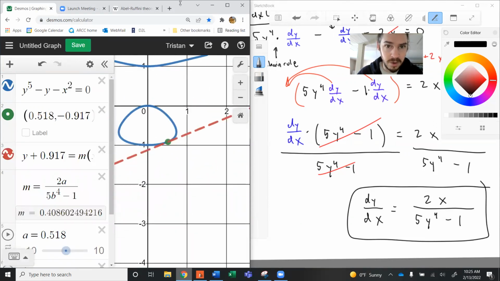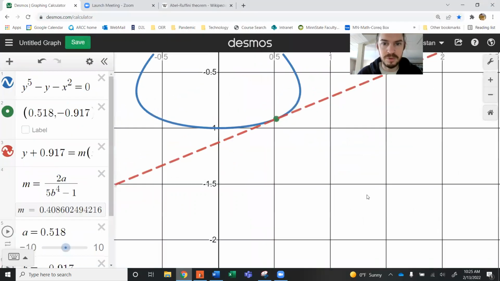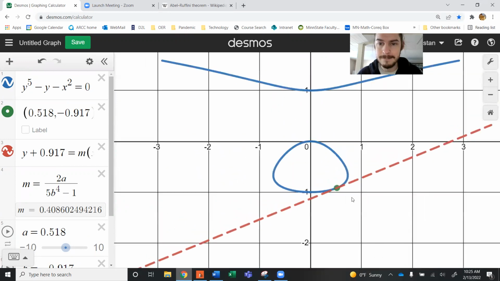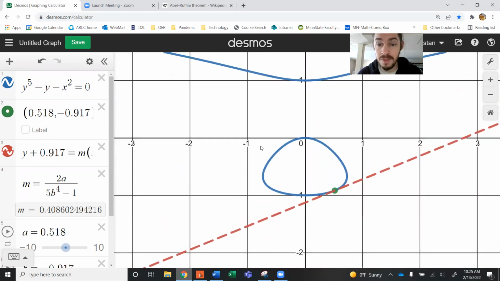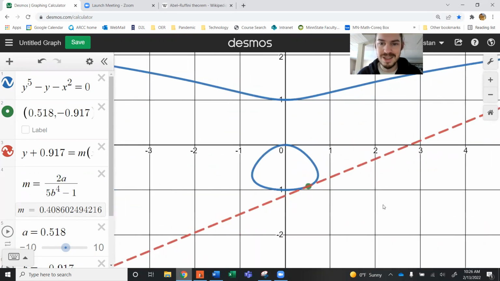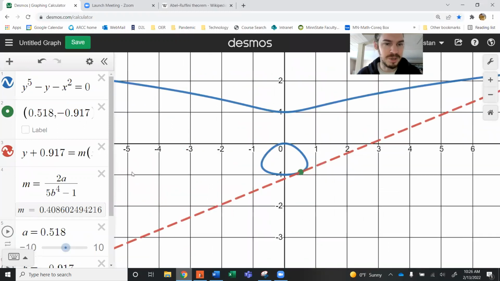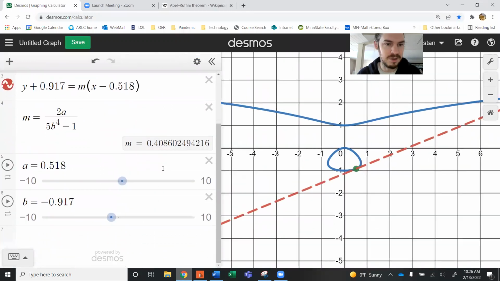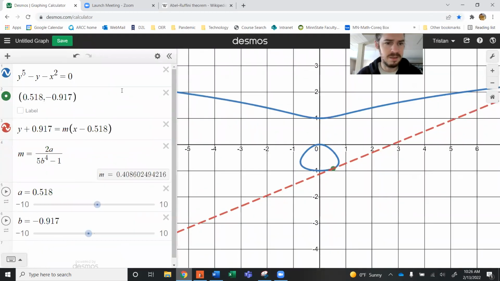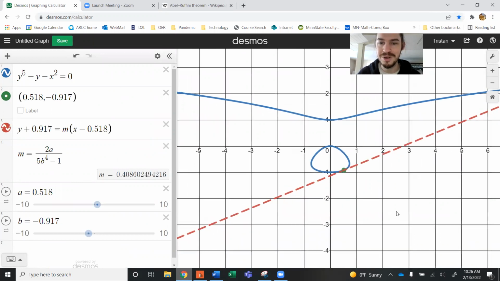There we go. I'll make this full screen, and you can finally see that that point right there is on the graph of the function. And this line we've made has the right slope because we used the formula that we found by implicit differentiation. That's pretty cool. I'll zoom this out so you can see everything I did here, and you can try that sort of construction on your own as well.